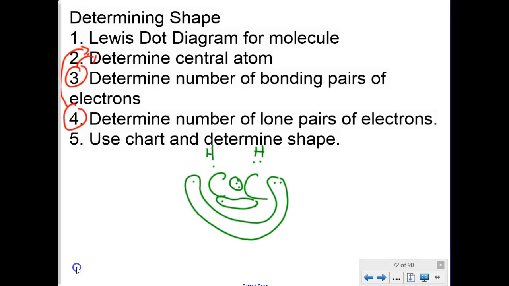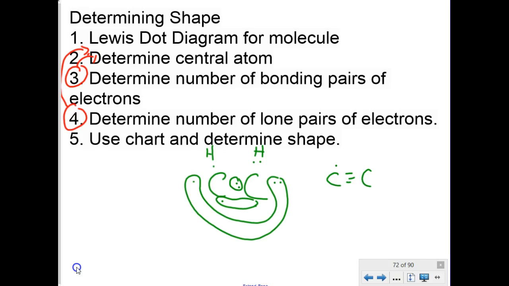Remember, the key idea behind this is that electron pairs are going to push each other as far apart as possible. So you have a triple bond between C's. What do you think is going to happen to this connection with the H? Yeah, because that bond is going to be pushed as far away from that triple bond as possible.